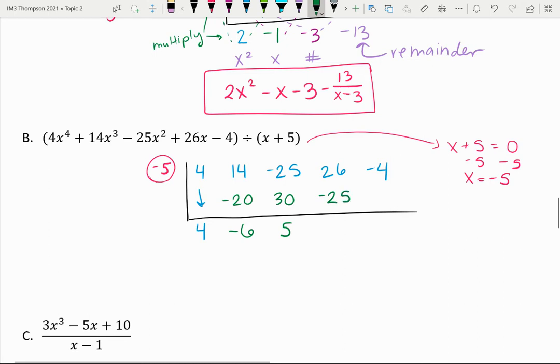And multiply here. Add down. 26 and negative 25 gives me 1. Negative 5 times 1 is negative 5. Add down, I get negative 9.